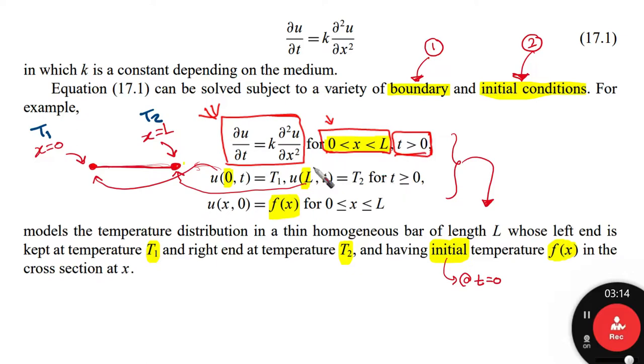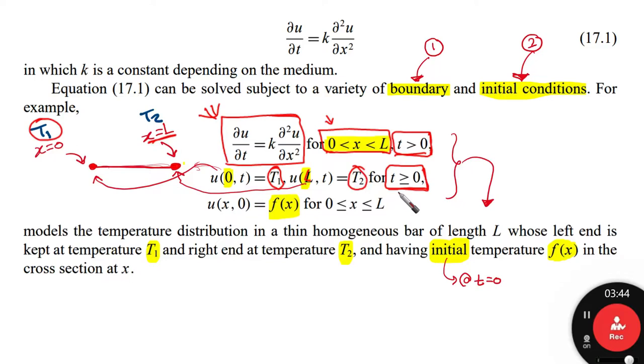Our left end, x equal to 0, is kept at temperature T1, so u of 0 and t equal to T1. The right end is at x equal to L, so u of L and t equal to T2, for t larger than or equal to 0.